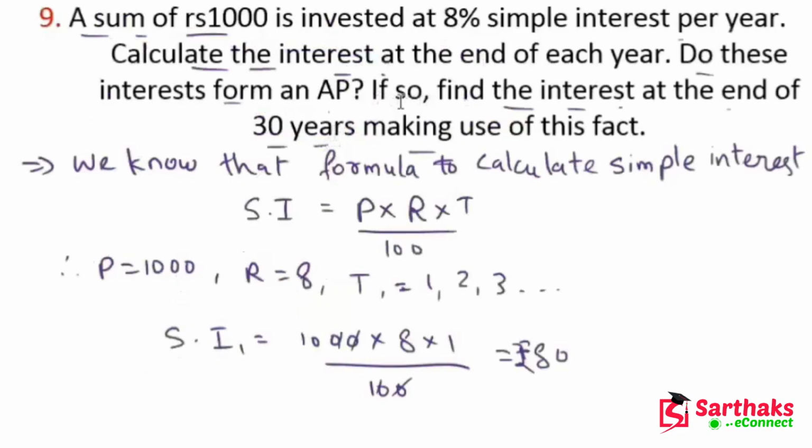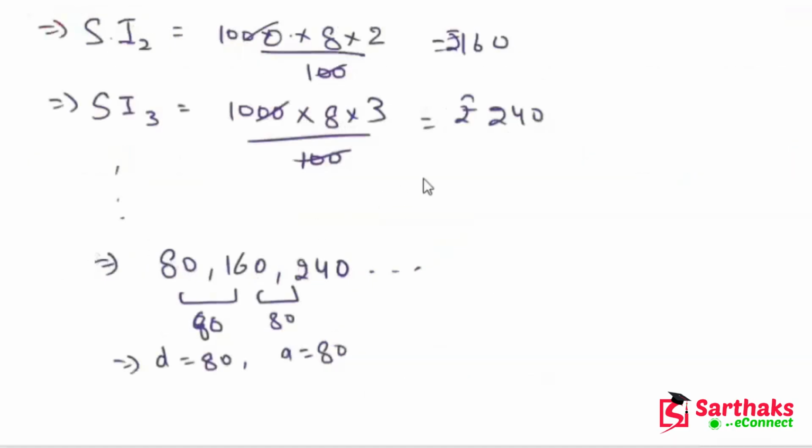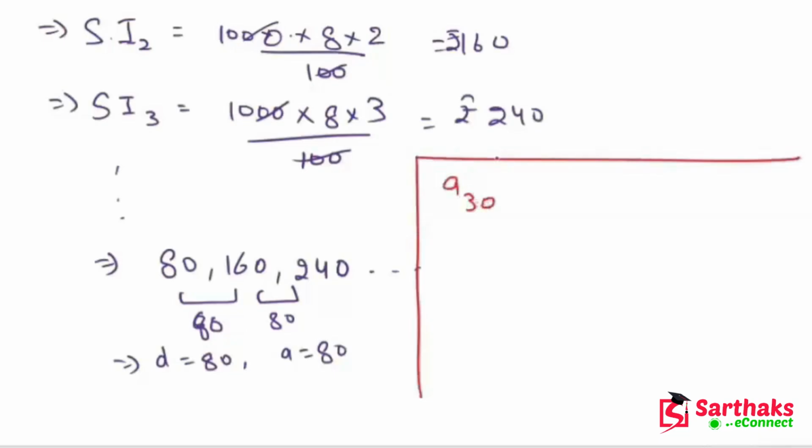Since this is an AP, we find the interest at the end of 30 years. So we have to find a30. A30 is a plus (30 minus 1) into d, which is 80 plus 29 into d.